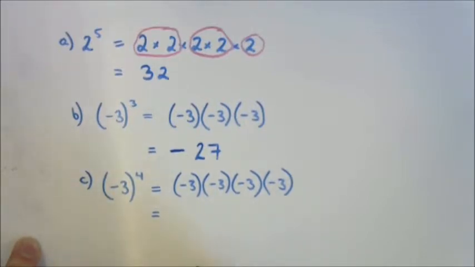And then determine what the numeric value is. Now you might not want to multiply 27 times 3. So how could you think of this? 9 times 9, 81. Positive 81, okay? Good.